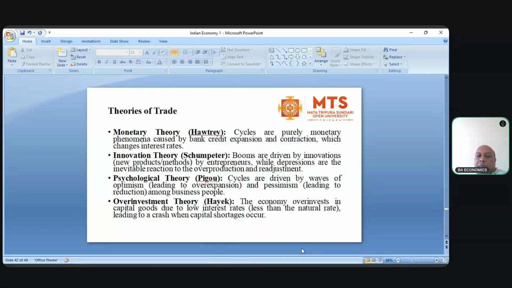So when more innovations occur in the economy, it is good for business. Business conditions will improve due to better innovation by the entrepreneurs.